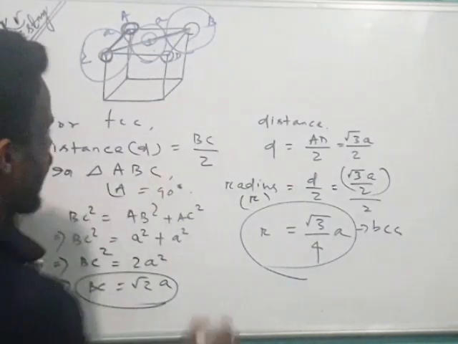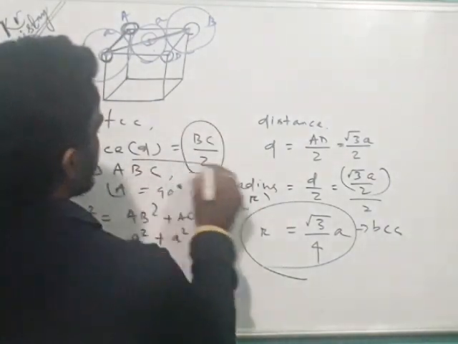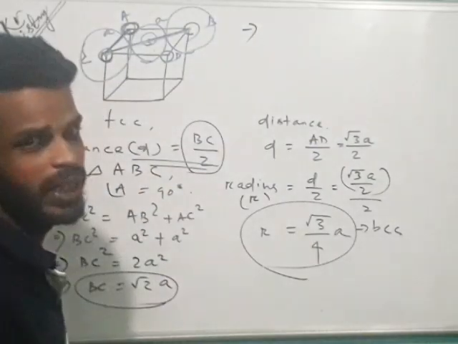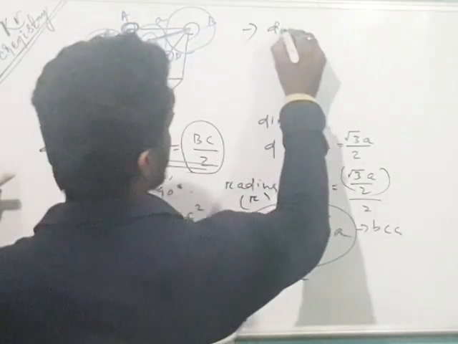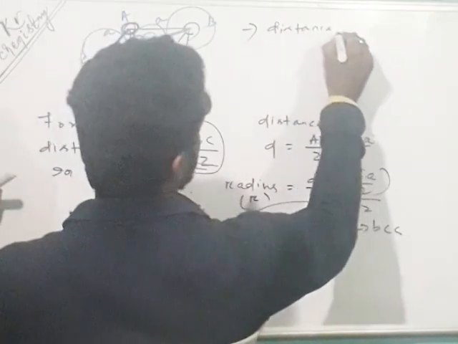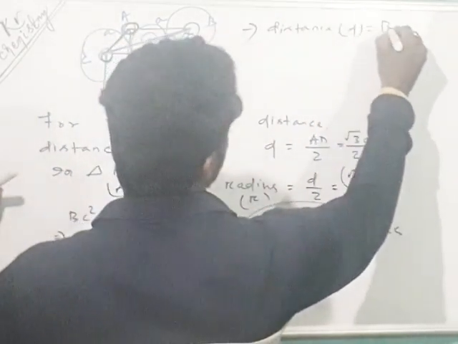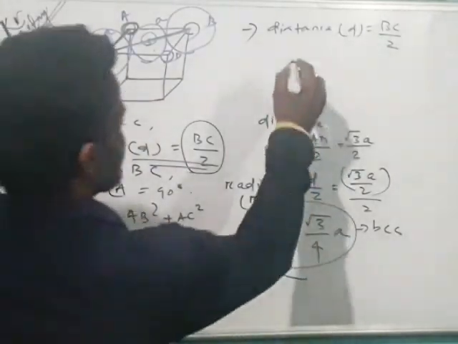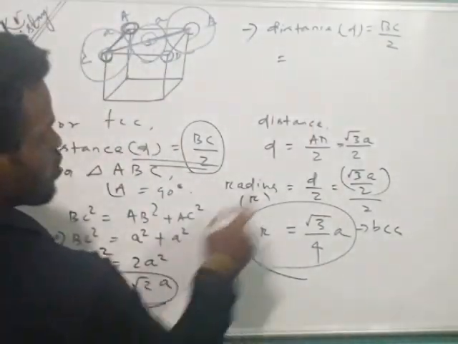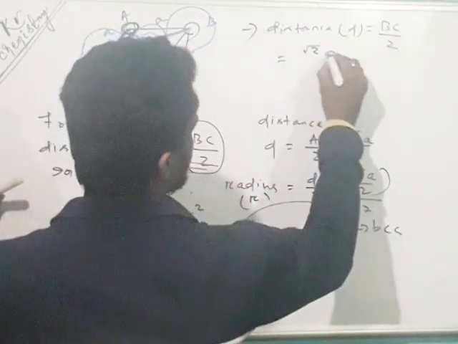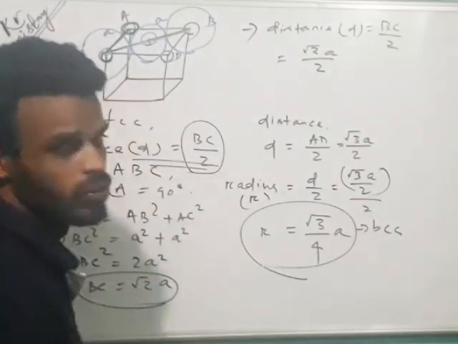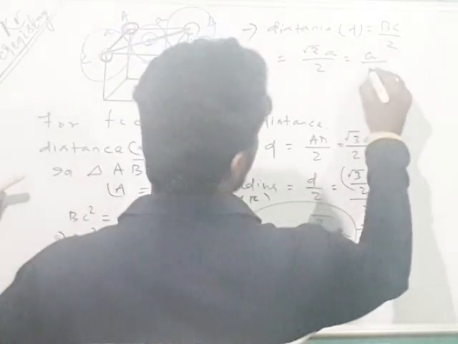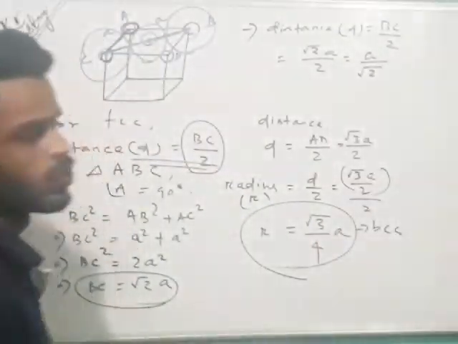So we can find the distance, that is BC by 2. For the face centered cubic lattice, distance D is equal to BC by 2. The value of BC is root 2A, so root 2A divided by 2, that is A by root 2.